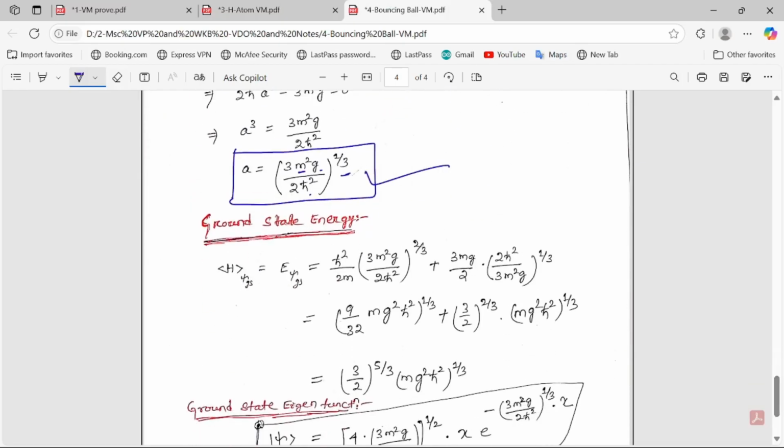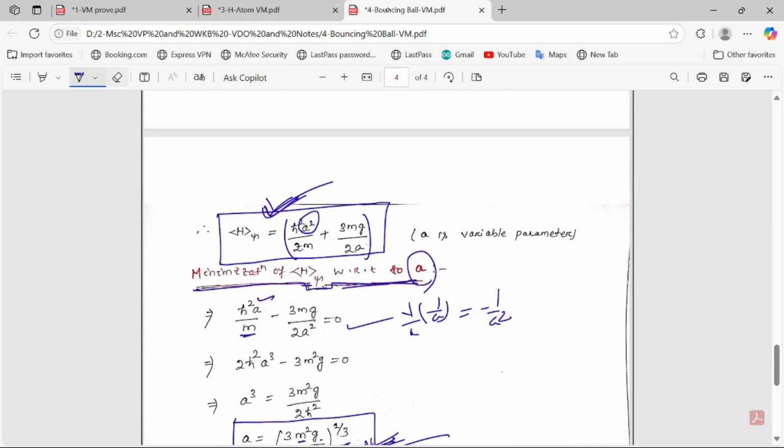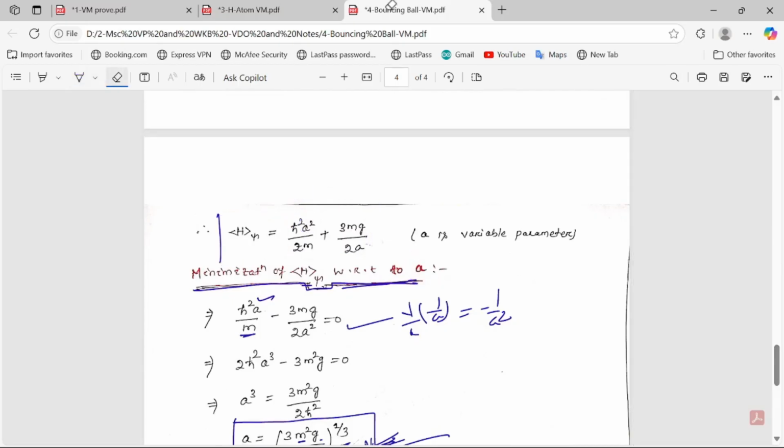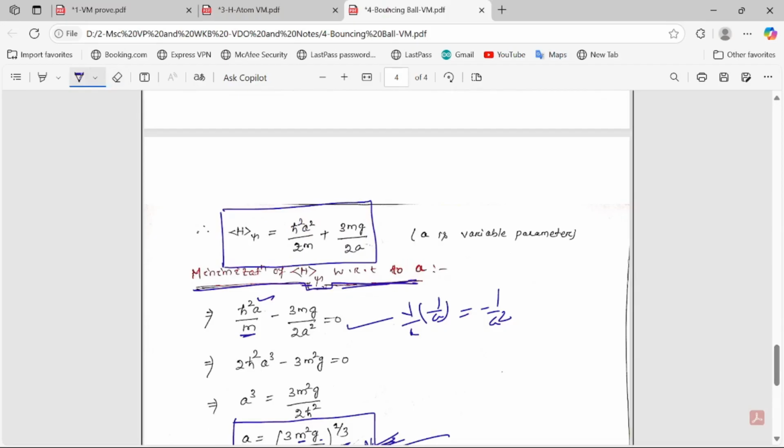Now the ground state energy will be how much? That means we have to put this a value in the expectation value of the Hamiltonian. You can write this as one equation.